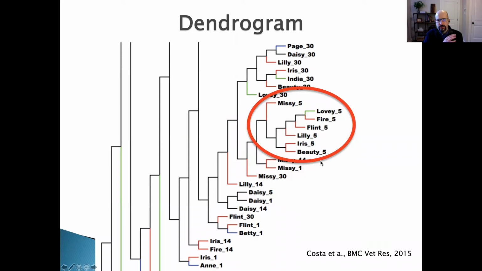So for some reason, this horse had a very stable microbiota that, yes, was affected by treatment, but didn't change very much from the beginning to the end of the trial.